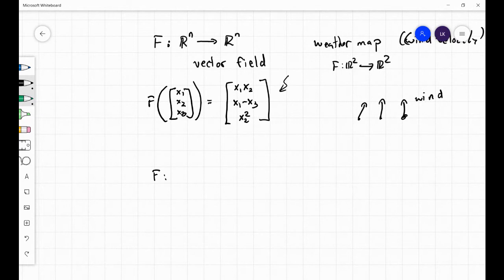Just for completion's sake, what do you call a function from a subset of R, like an interval, just a number line, into Rn?